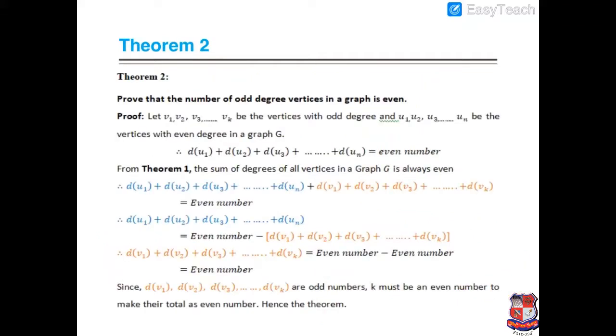Now we discuss theorem number 2. Theorem 2 states that the number of odd degree vertices in a graph G is even.